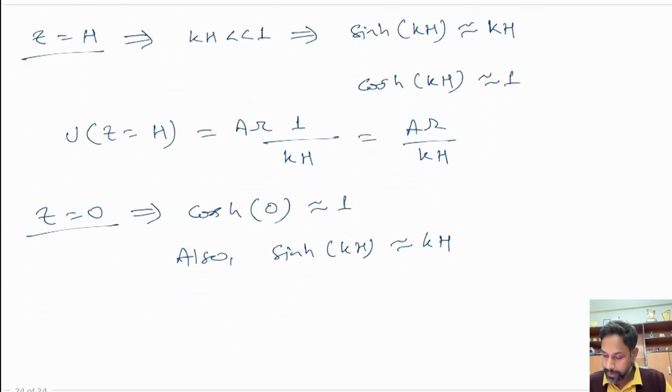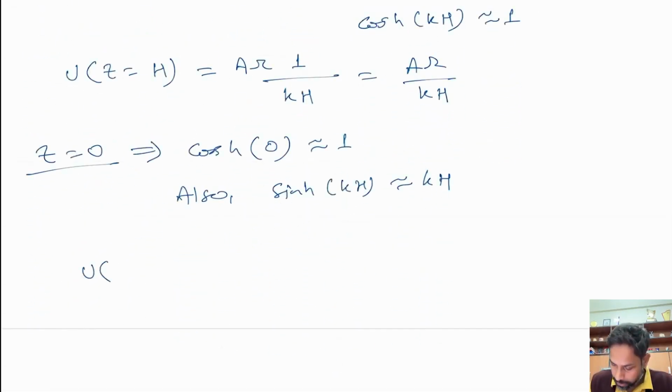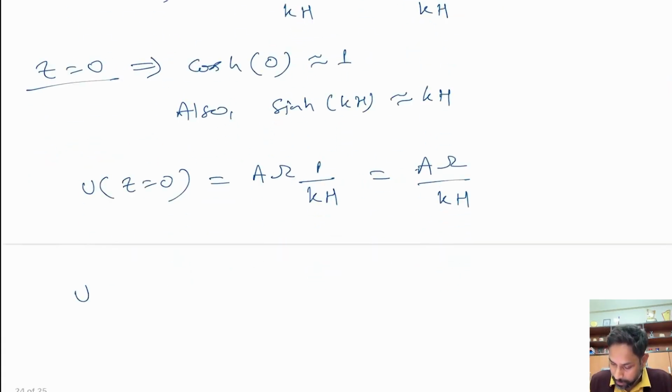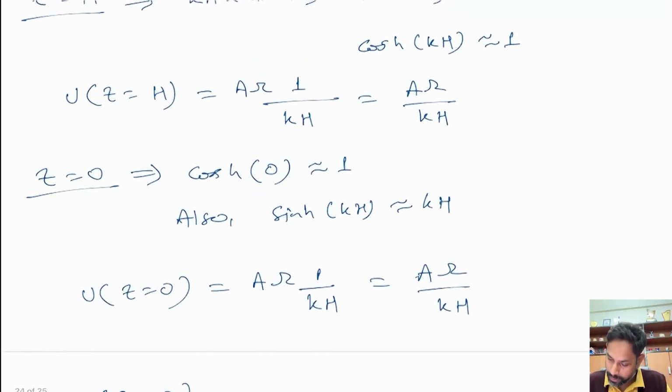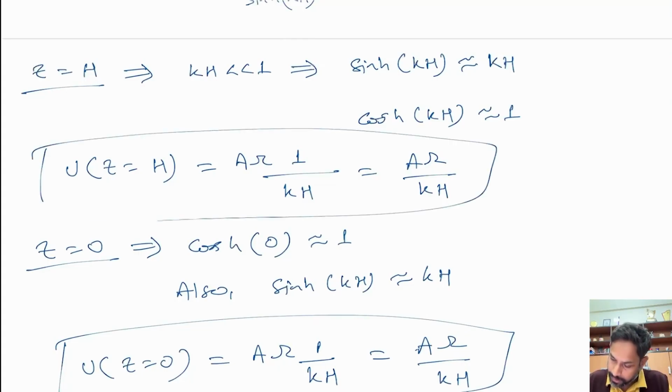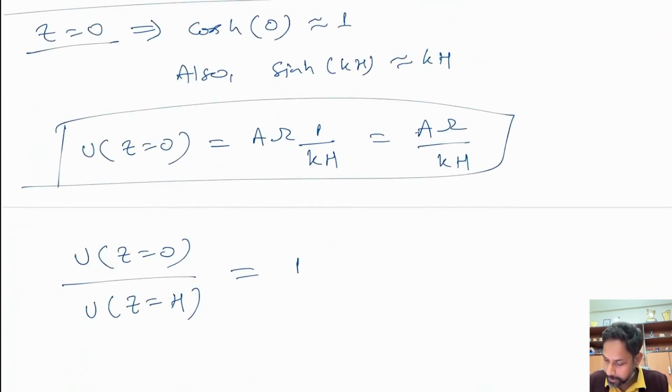So what we get here is that u at z equal to 0 is also a omega over kh. So basically u at z equal to 0 over u at z equal to h are the same. This is at z equal to 0 and this is at z equal to h, and that is equal to 1.